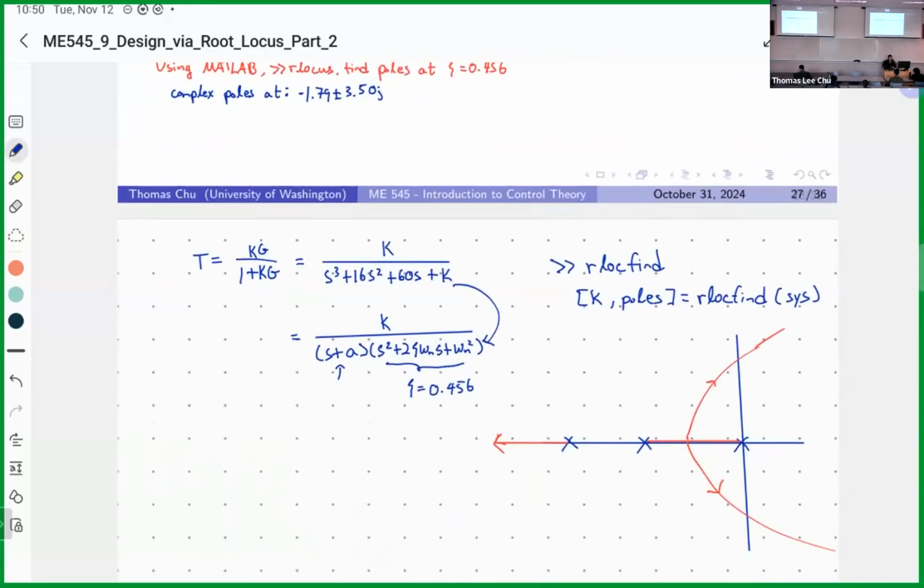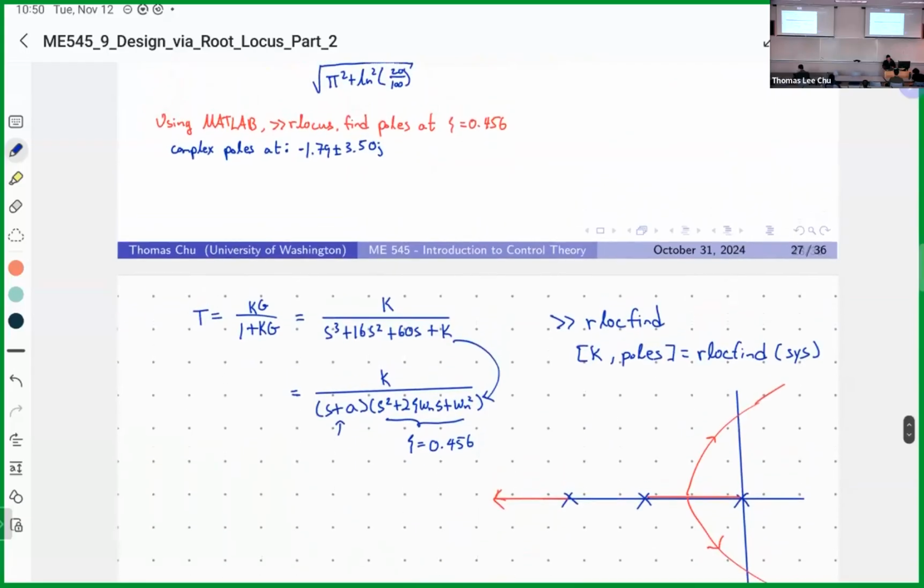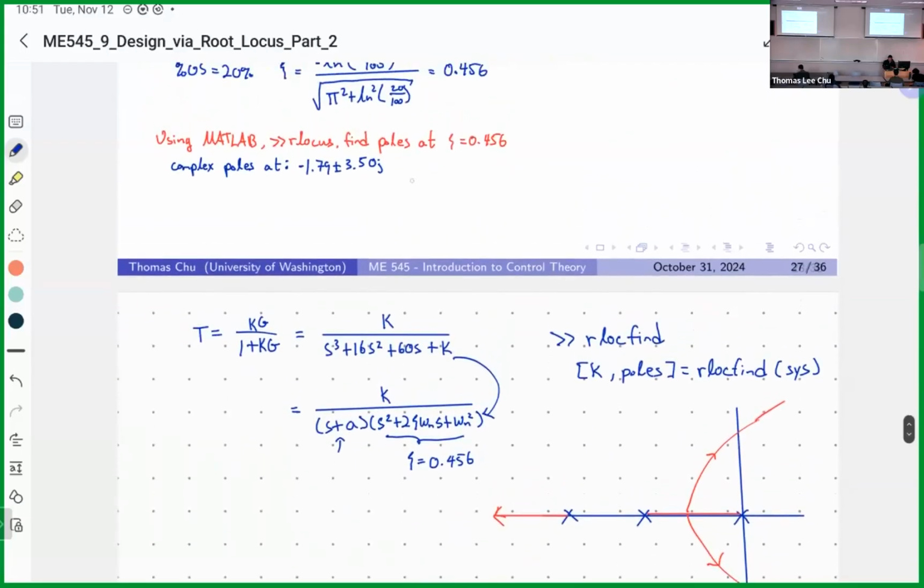There probably is a way, and I'm pretty sure if I really wanted to, you can write a function to do that, because this is equal to negative zeta omega n plus or minus omega n times the square root of 1 minus zeta squared. If you were to write a function, you can determine on the root locus the ratio of your length and width on the real axis and the imaginary axis.